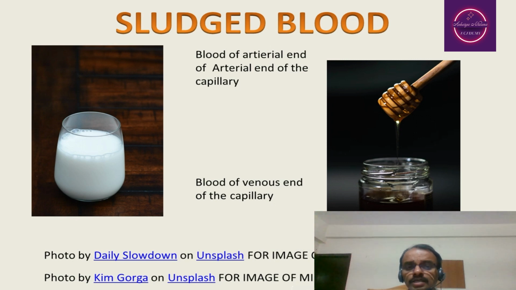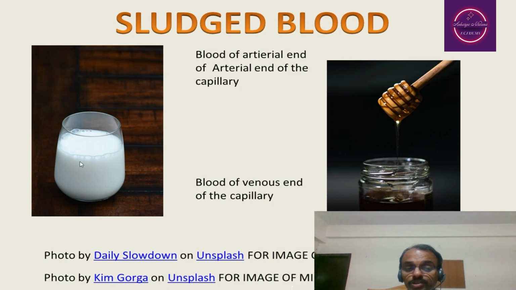And the third thing is sludged blood. Sludged blood is nothing but the slow movement happening after the transport of water, nutrients, etc., from the arterial end to the venous end. When you think of this, there are two images.